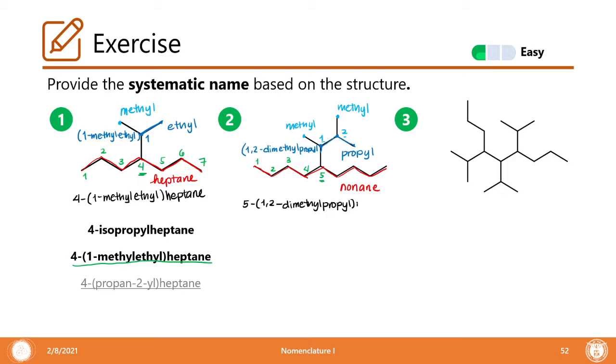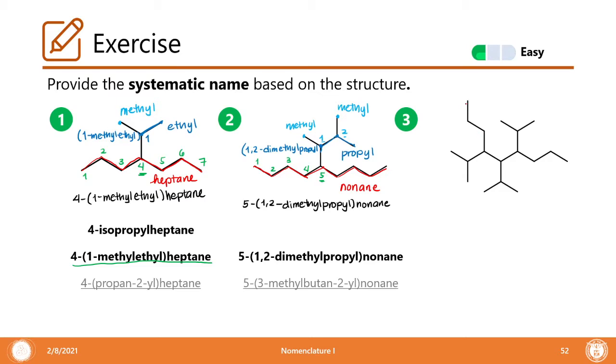Nonane. Okay, so there we go. 5-(1,2-dimethylpropyl)nonane. Okay, let's go on to the last easy example.